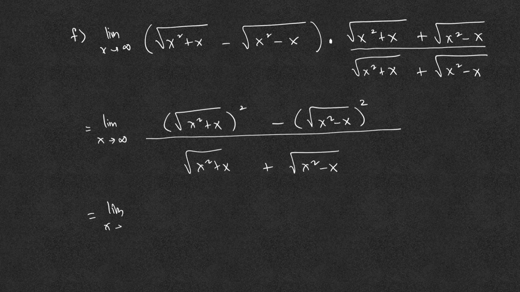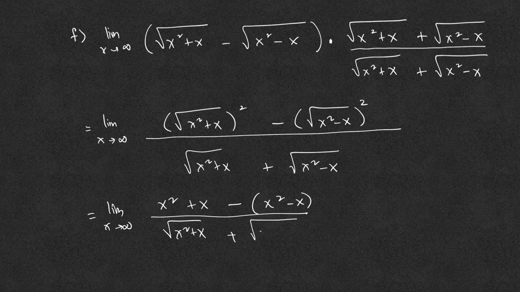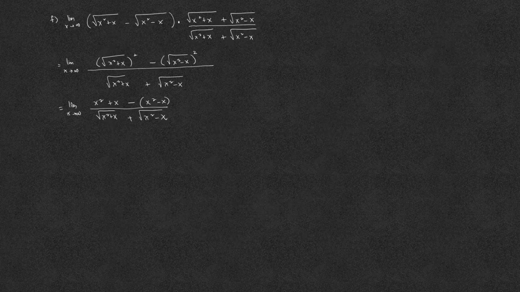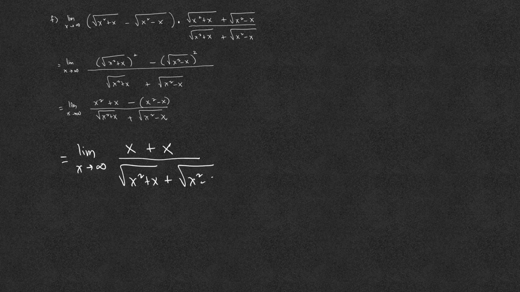This limit is now x squared plus x minus the parenthesis x squared minus x, over the square root of x squared plus x plus the square root of x squared minus x. And we simplify the numerator. x squared minus x squared cancels out, so we end up with x plus x, minus negative x, is x plus x.